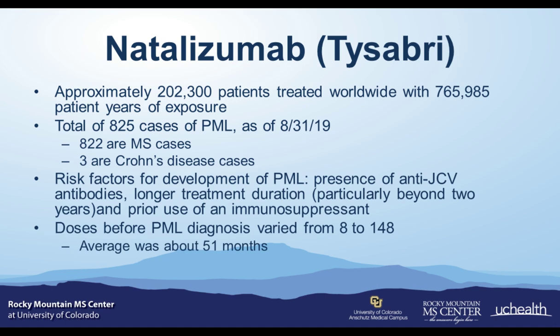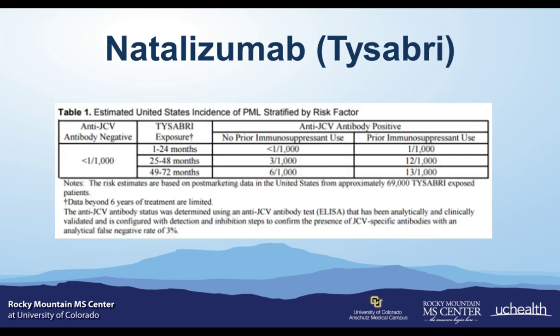The number of Tysabri doses individuals received before they were diagnosed with PML varied quite a bit, from 8 to 148 in these cases. However, the average fell just around 51 months.